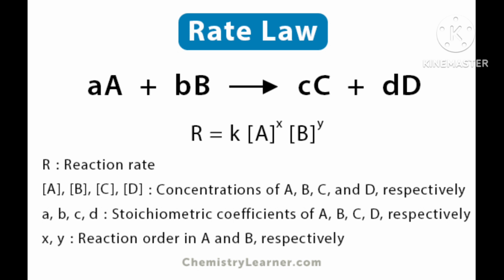But this form of equation, minus dR upon dt equal to k into [A] power x into [B] power y, is known as the differential rate equation, where k is the proportionality constant called the rate constant.